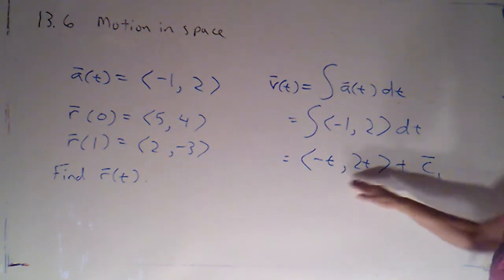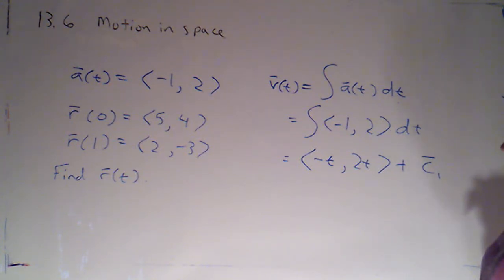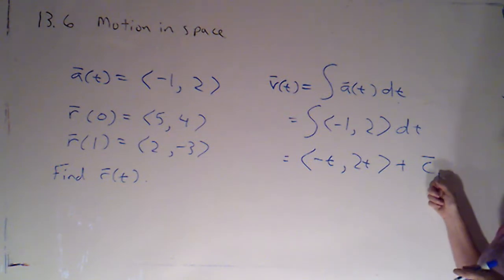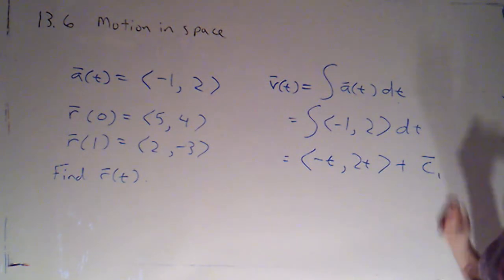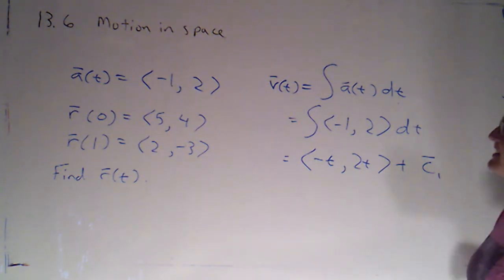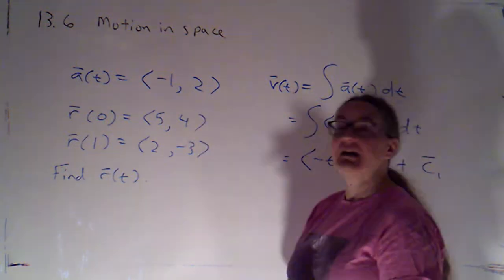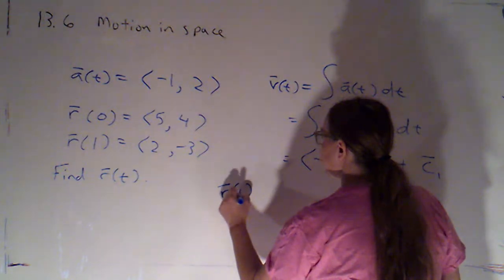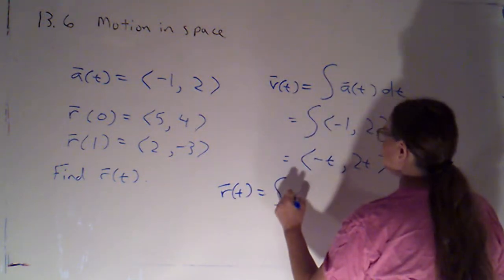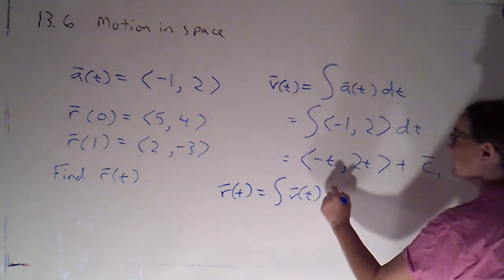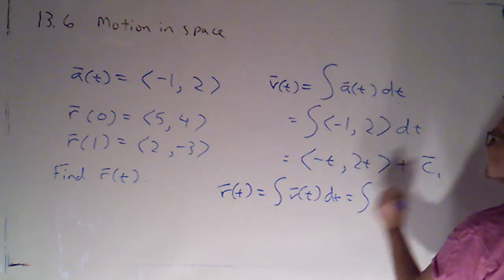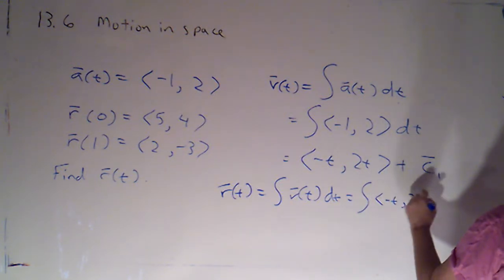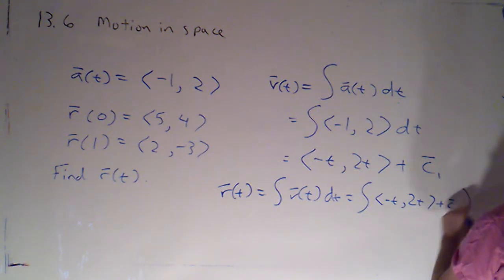Okay, now if I had a velocity at a particular time, I could plug in and solve for what c1 is. Not having that, I'm going to have to integrate again to get my position function. So now I can say r of t is going to be an antiderivative of v of t, so an antiderivative of ⟨-t, 2t⟩ plus c1.